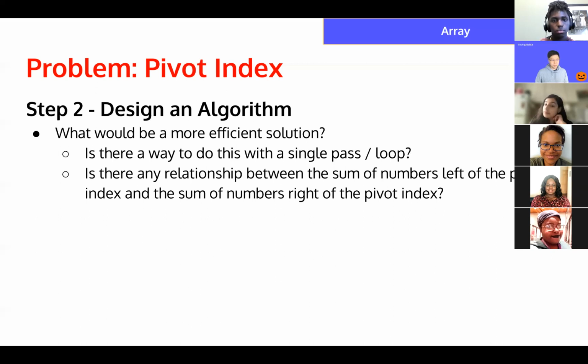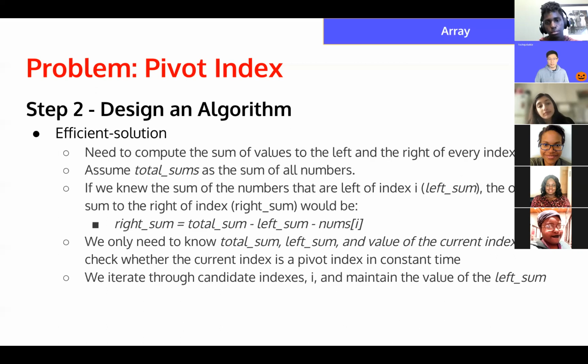So Valerie was able to find this relationship between the sum of numbers to the left of the pivot index and the sum of the numbers right of the pivot index, right? And that relationship is basically this: the right sum is equal to total sum minus left sum minus nums at index i, which is the value being represented at the current index.